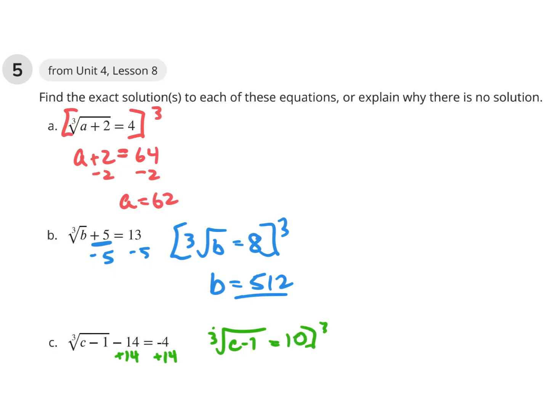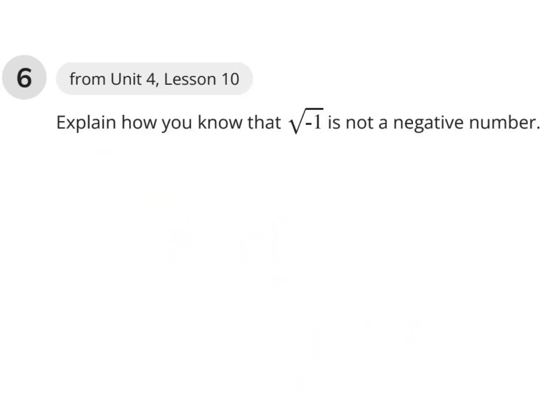When we cube both sides, oh, I'm sorry, once you cube it, the cube root goes away. I didn't mean to write that. And now we have to add 1. C equals 1001.